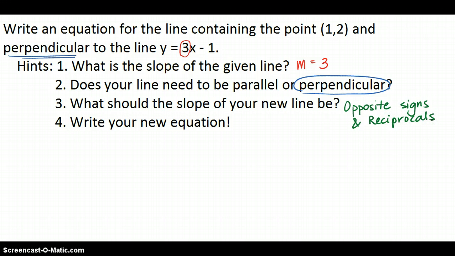A quick way to take the reciprocal of a number is, if it's written as a fraction, you can just flip it over. So if I take the slope that we were given, which was 3, and I make it into a fraction, so I put it over 1, the slope of our line should be opposite signs, so instead of positive it should be negative, and it should be the reciprocal of 3 over 1, which is negative 1/3.